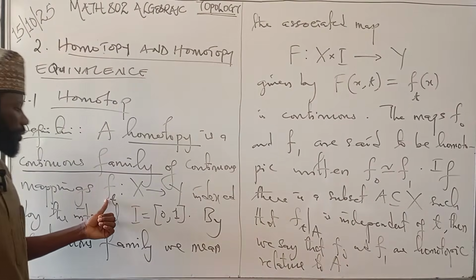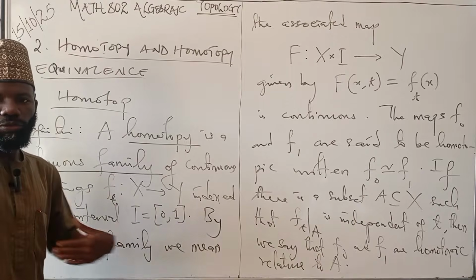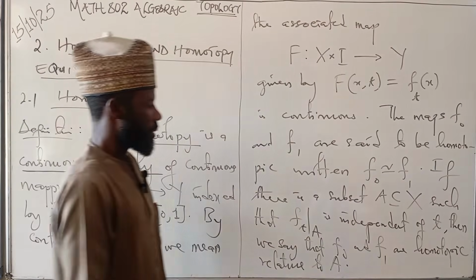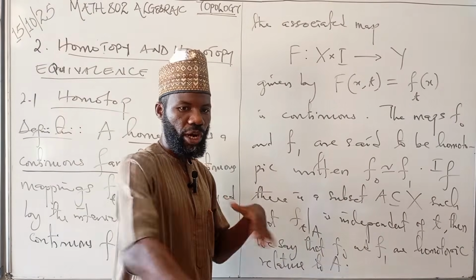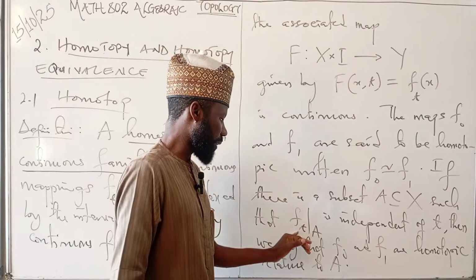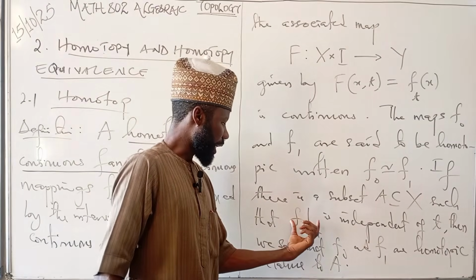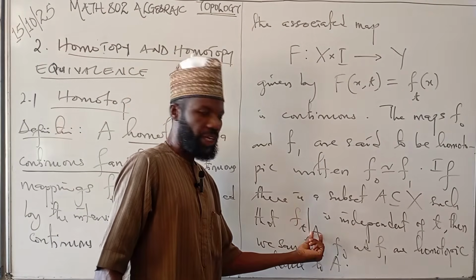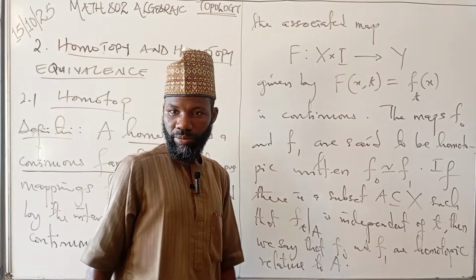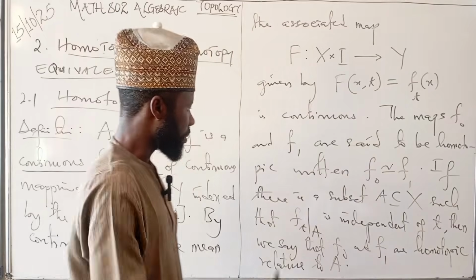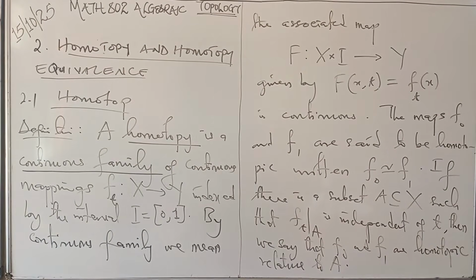So what F0 is doing to A is the same as what F_t is doing, for all t. So the mapping restricted to A is the same throughout. I hope it's okay. It's not depending on t. That is, whichever F_t you pick, whatever the output on A will be, it is always the same. I hope you are following. So then you now say the homotopy is relative to that subset A.